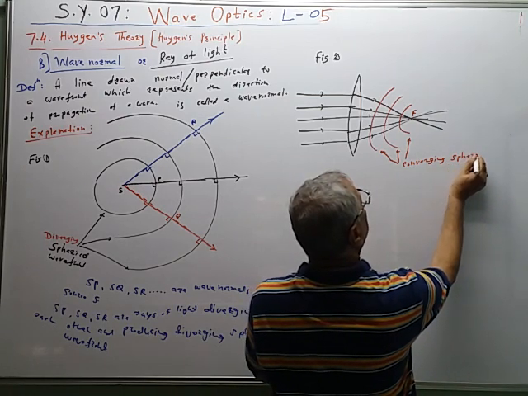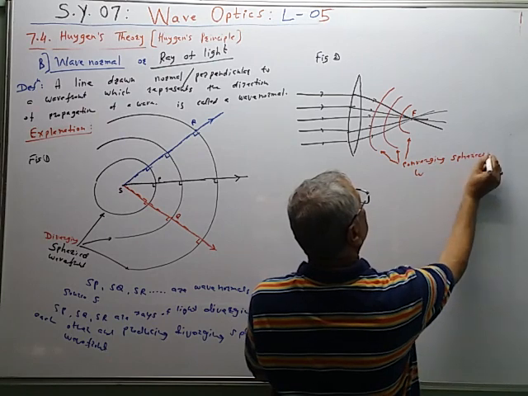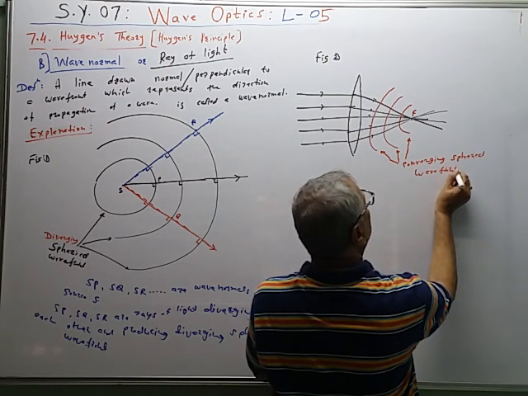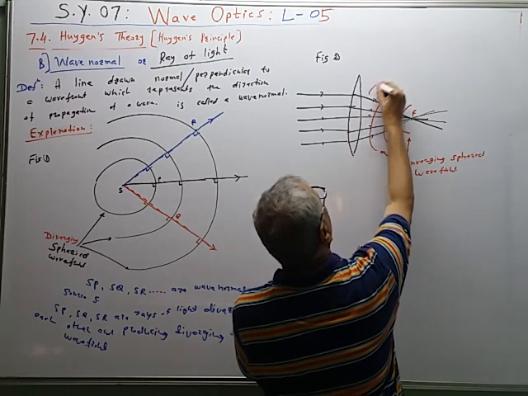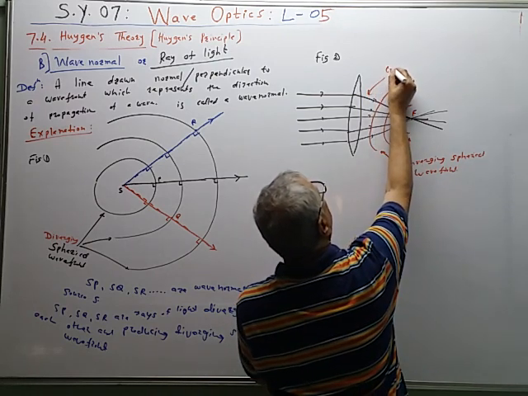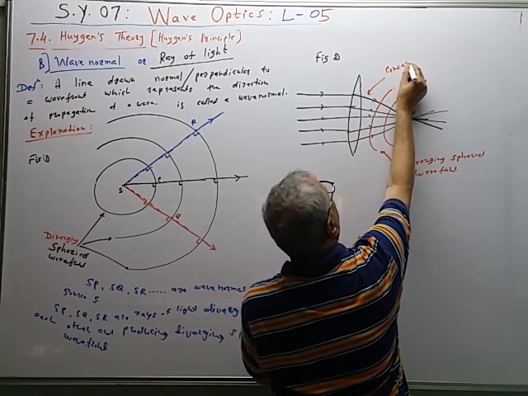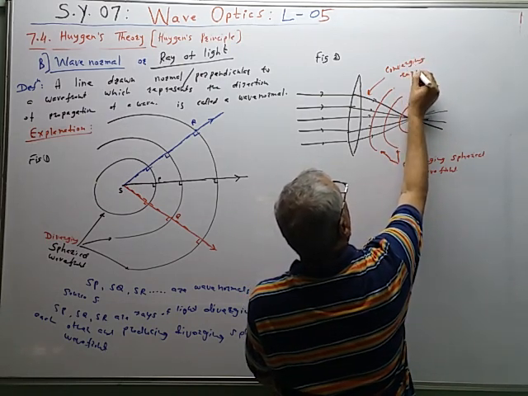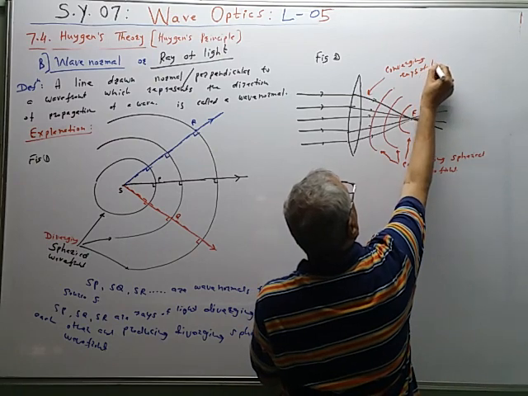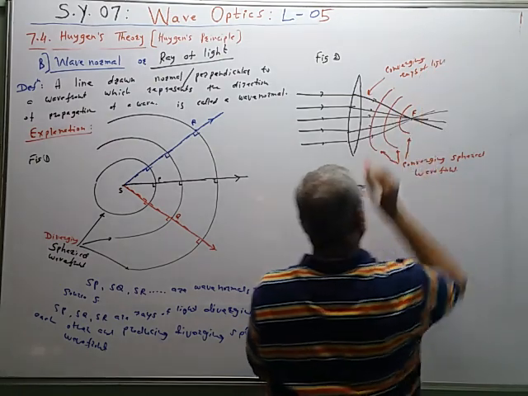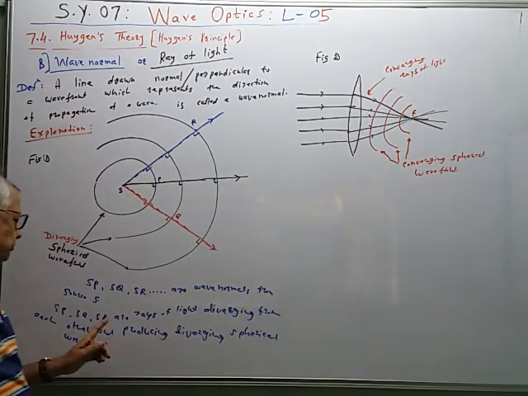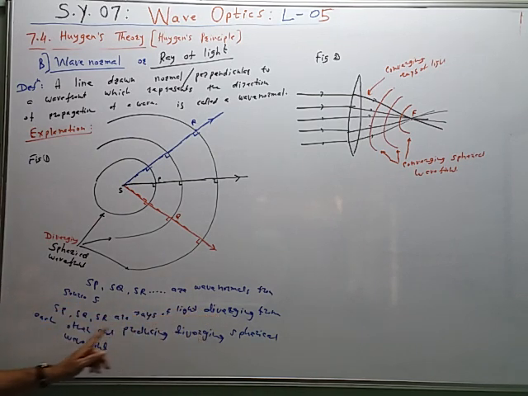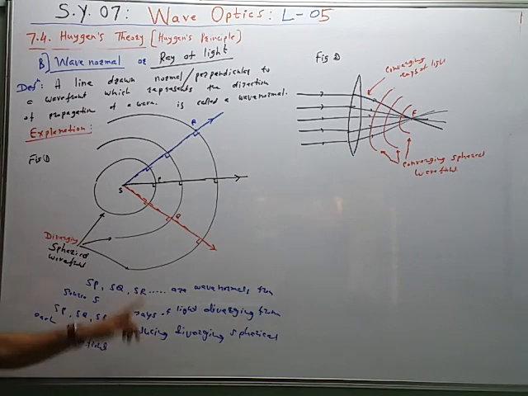Converging spherical wavefront, like this. These are the converging rays. They converge at a single point. Converging rays of light. So diverging rays produce diverging spherical wavefronts.